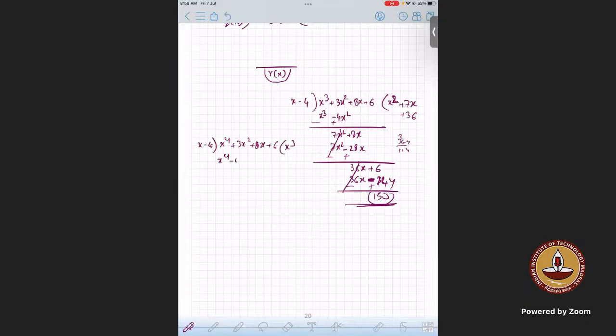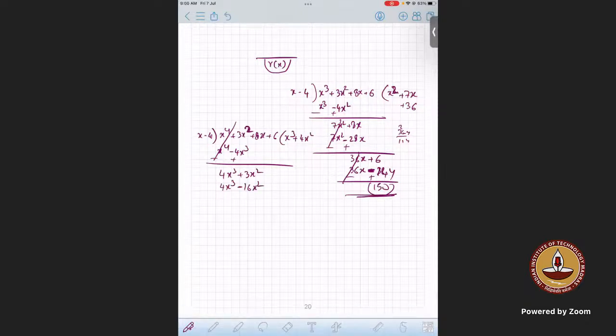X power 4 minus 4x cube, then 7x cube plus 3x square. 7x cube minus 28x square, giving 19x square plus 8x.